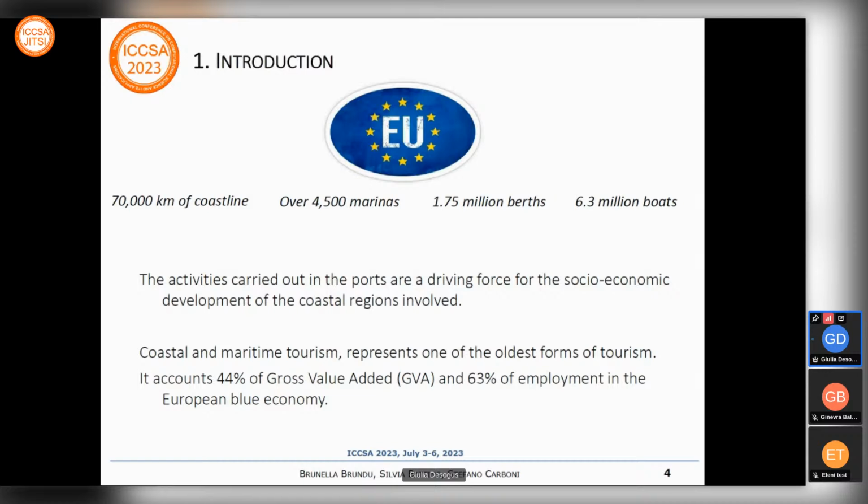Along with its 70,000 kilometers of coastline, Europe is one of the main destinations for boaters. The more than 4,500 marinas offer around 1.75 million berths for a total of 6.3 million boats.